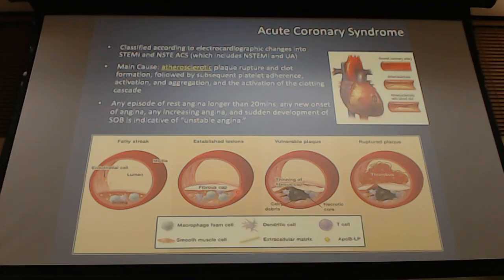What happens in ACS is that this cap ruptures and it can form a clot, because now things can't flow through well. You want to catch it before it can occlude different areas. Depending on how that plaque ruptured, it can go and occlude smaller arteries and veins, okay?